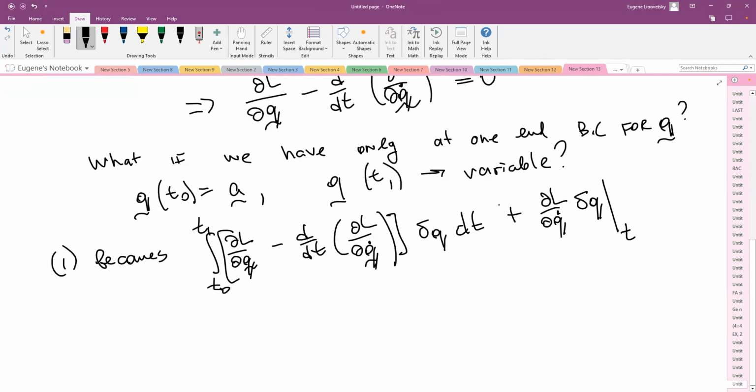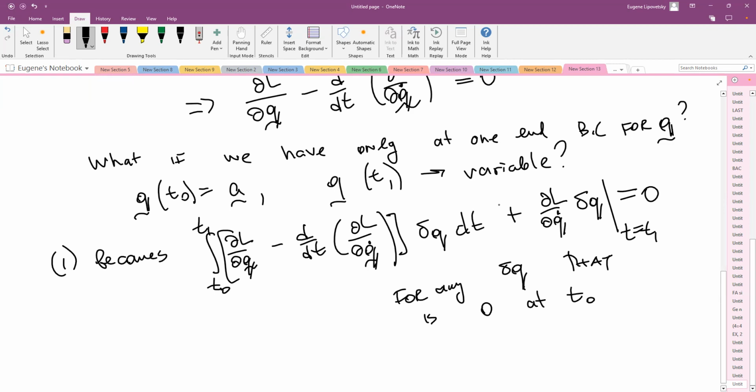Both terms are supposed to be equal to 0 for any delta Q that is 0 at t naught. Here's our logic then.